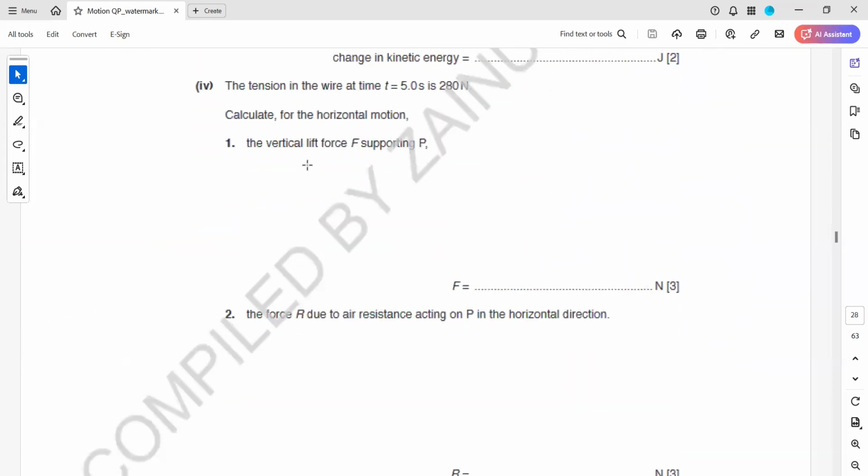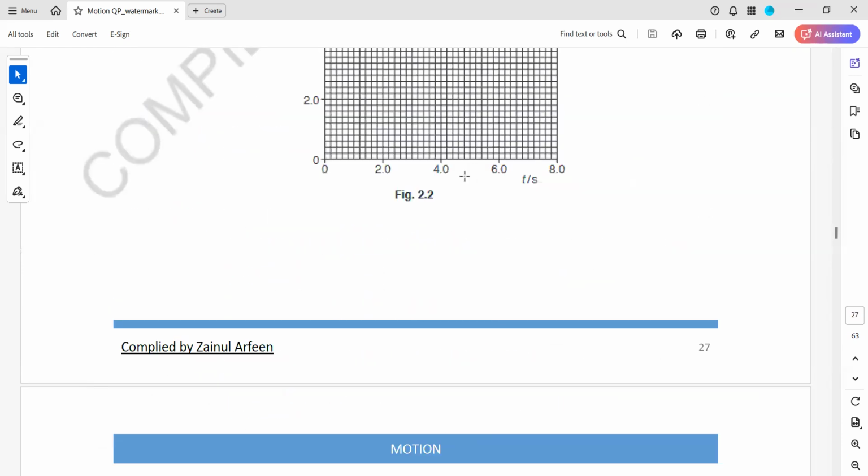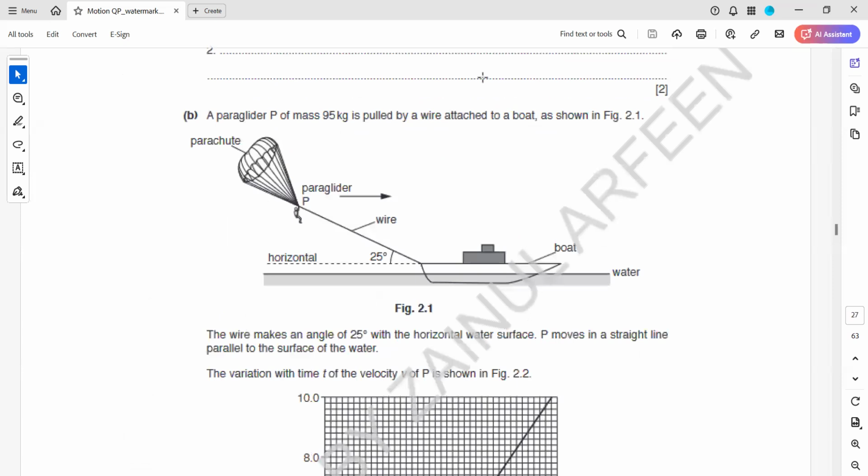The tension in the wire is 280 newtons. Calculate, for the horizontal motion, the vertical lift force F supporting P. So the tension in the wire is 280 newtons.